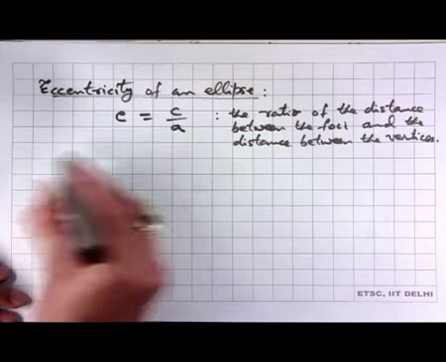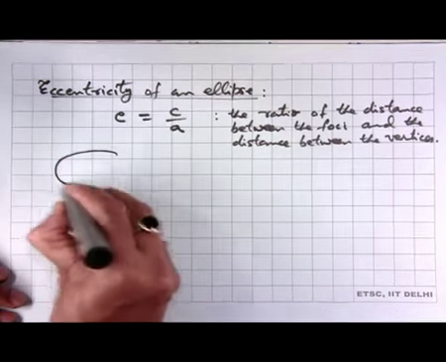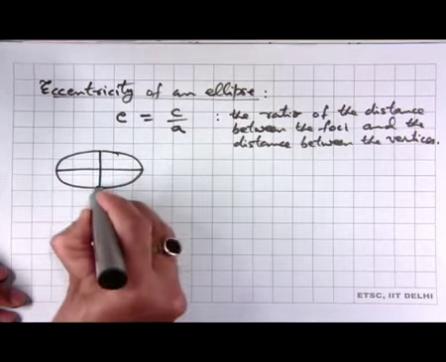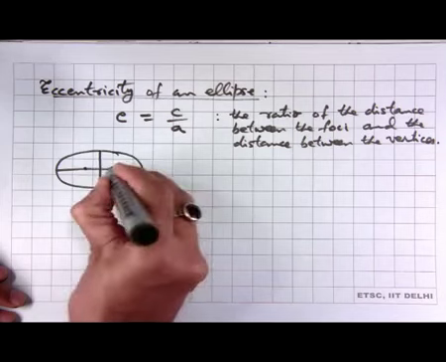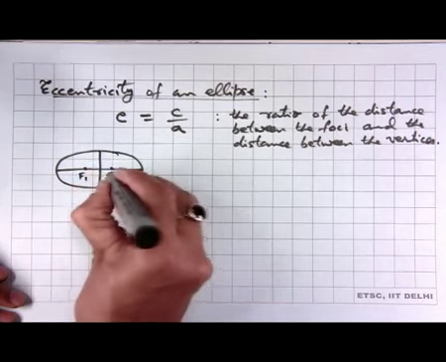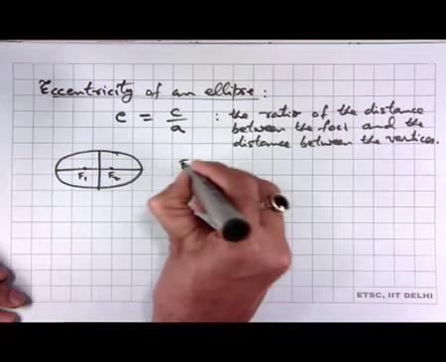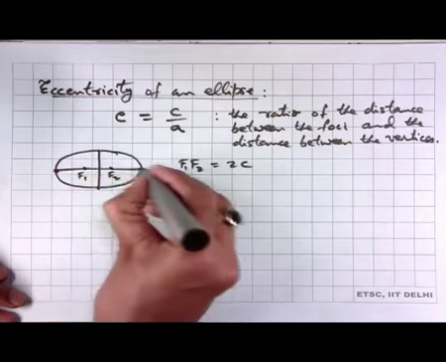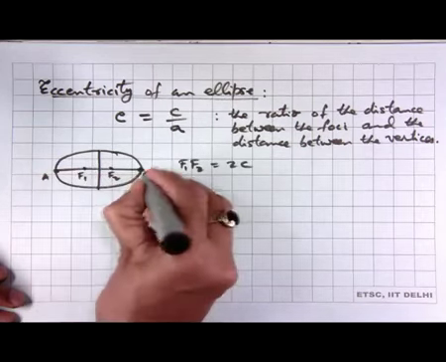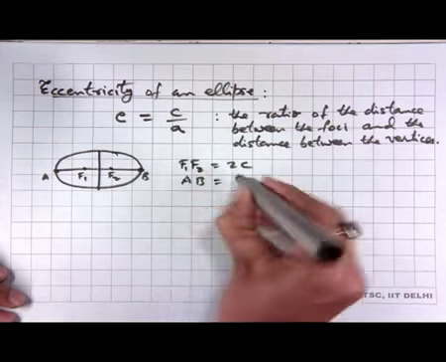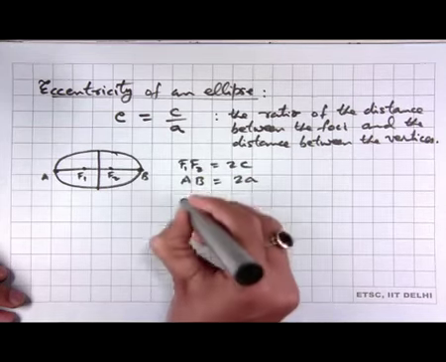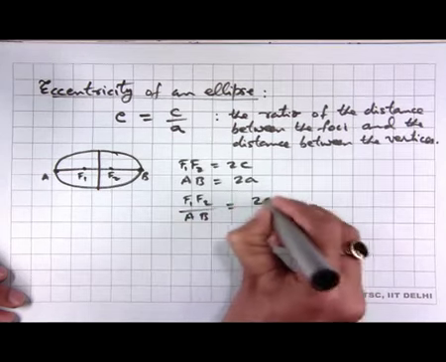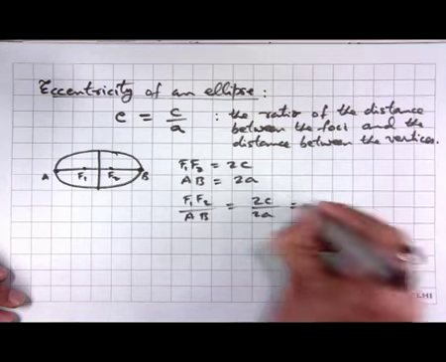Right, because if you look at an ellipse, the distance between the foci F1F2 is equal to 2c, and the distance between the vertices AB is equal to 2a. So, F1F2 divided by AB is 2c over 2a, equal to c over a.